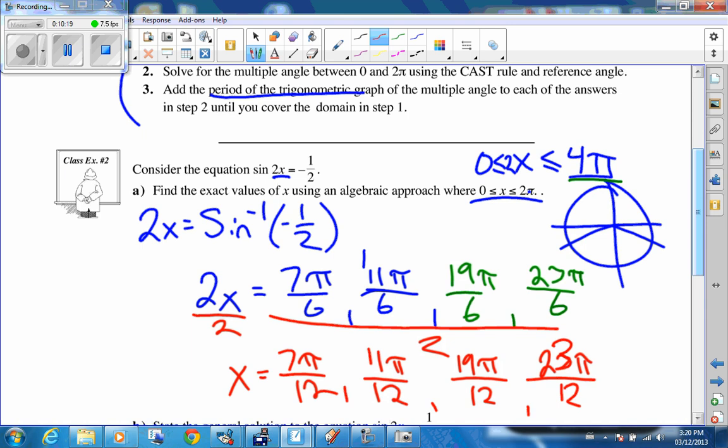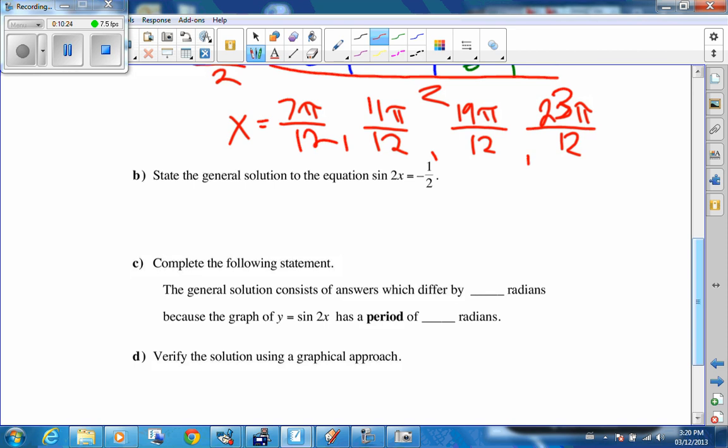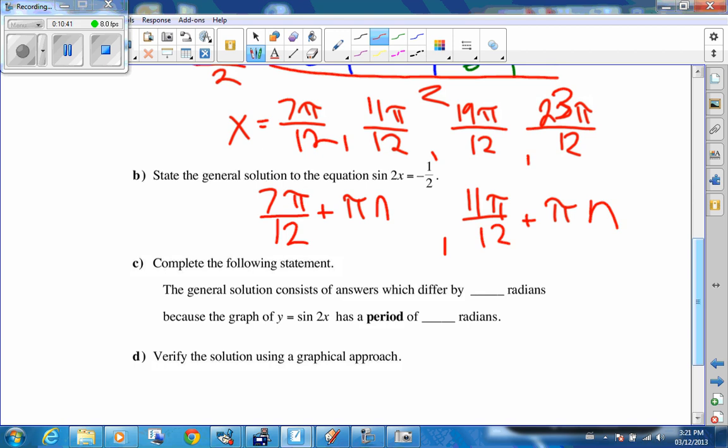My general solution will be 7 pi twelfths plus pi n and 11 pi twelfths plus pi n. Why? Because they differ by pi radians, because sine 2x has a period of pi radians.